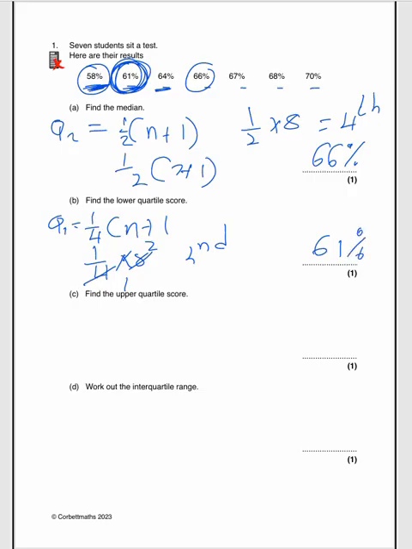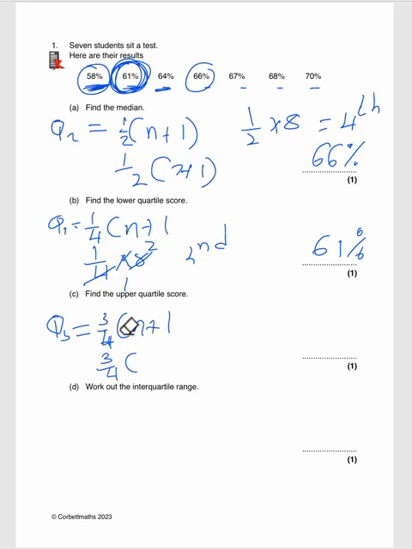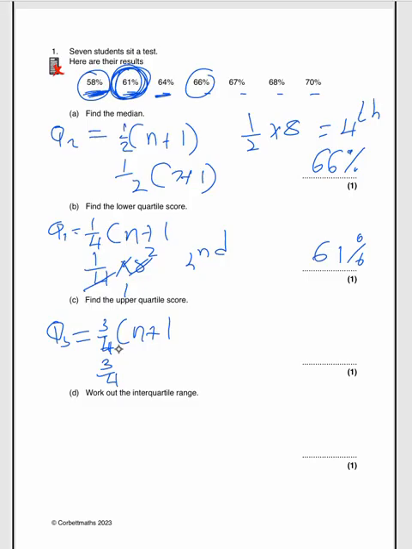Then the upper quartile, which is Q3, is given as 3/4 into n plus 1. It's going to be 3/4 multiplied by 12 again. Sorry, there's a mistake here.